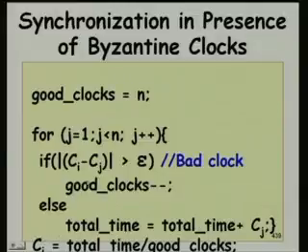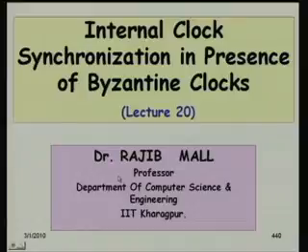That will be the total time divided by the number of good clocks, right. Ci is its own time, and Cj is the time received from all the other n minus 1 clocks. So, it will average out the time values of n minus 1 clocks, add its own time, and then average it out, right.